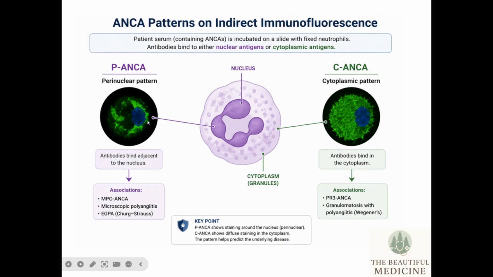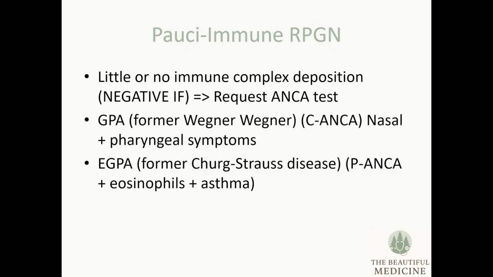This will give you different patterns, and by these patterns, you know the common associations with them. When you see C-ANCA, it's probably Wegener. And when you see P-ANCA, it's Churg-Strauss. But Churg-Strauss is way easier because you know eosinophils and asthma plus nephritic syndrome.